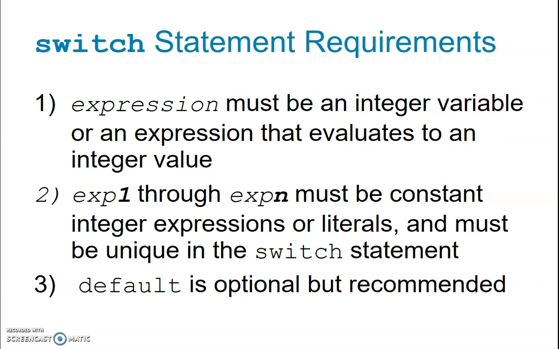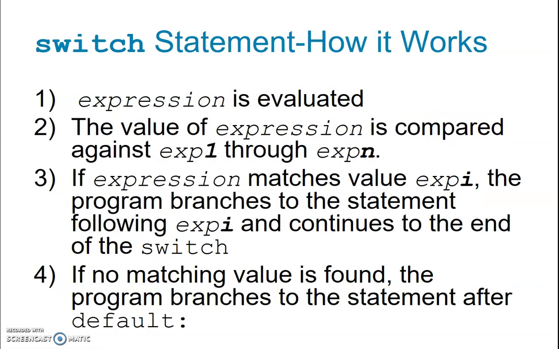And it must be unique within the switch statement. A default is optional but strongly encouraged or recommended. An expression is evaluated. The value of the expression is compared against expression 1 through expression n. Again, it's looking for the match, and it will continue till it finds one, or it will go to the default value if one is not found.